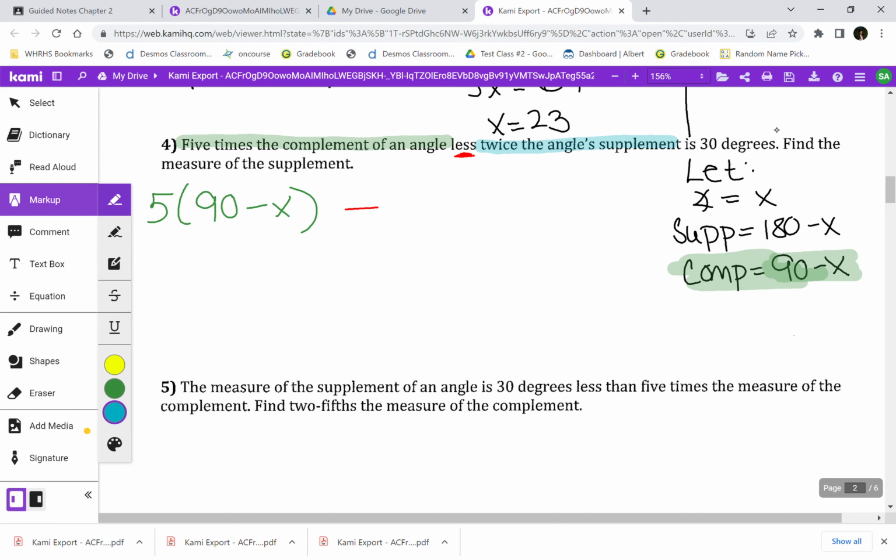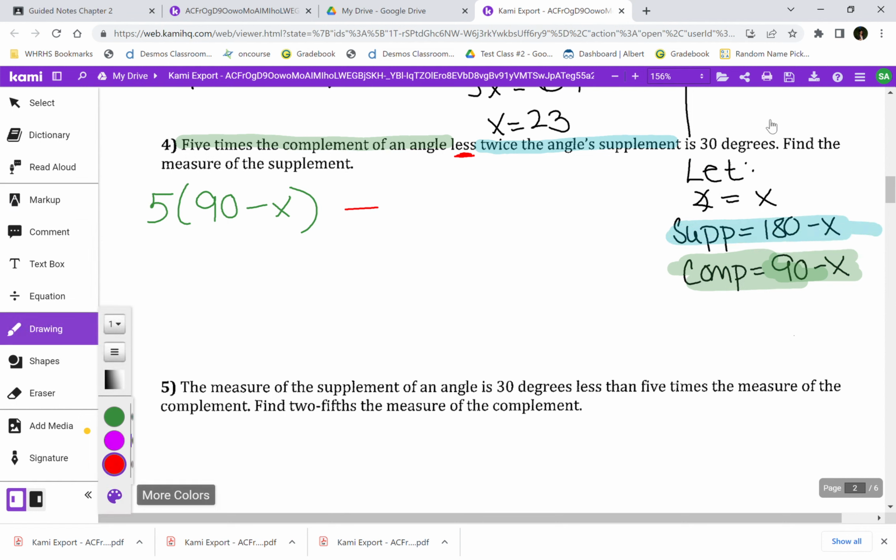You 2 times parentheses 180 minus x. You got it. It's going to be 2 and then parentheses 180 minus x. Still keep going here. Then it says is 30 degrees. How am I going to represent is 30 degrees? Jeff. Equals 30. You got it.